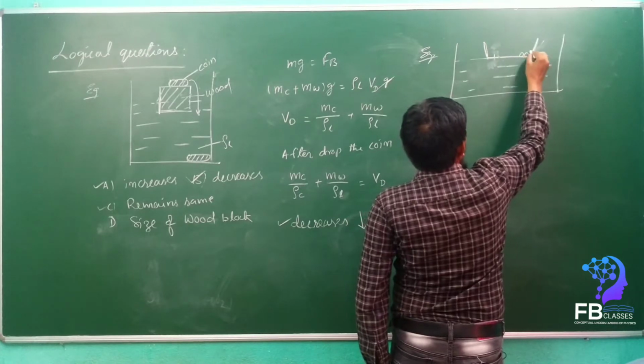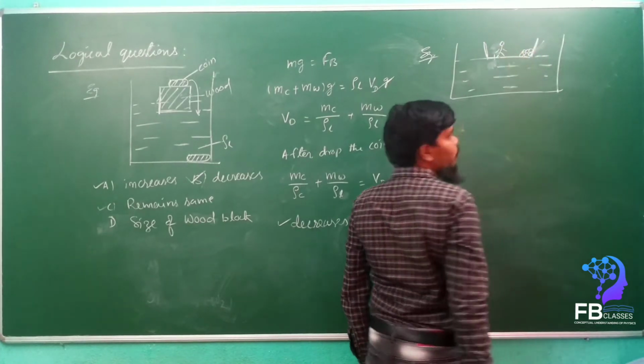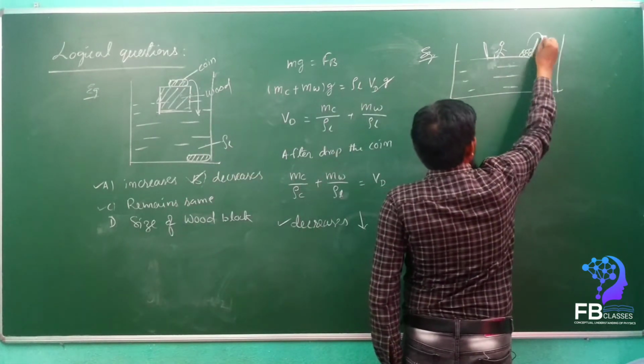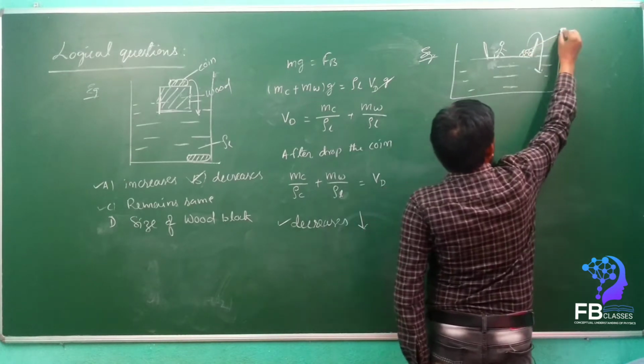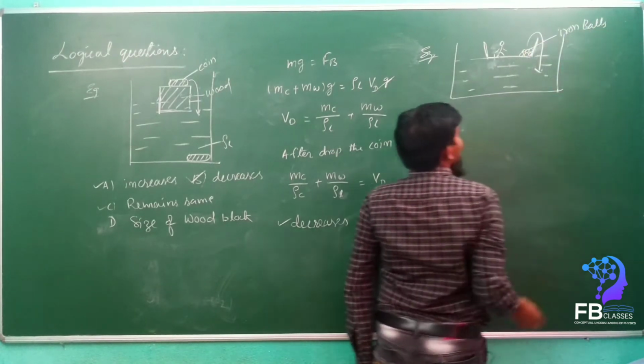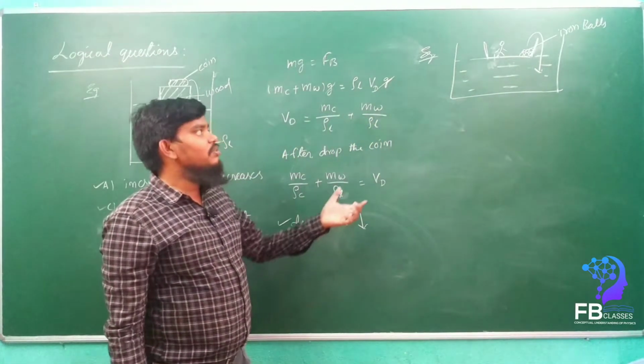Here there are iron balls, and a man is also sitting in a boat. So once these iron balls are dropped into the water, then we have to comment on the level of water.